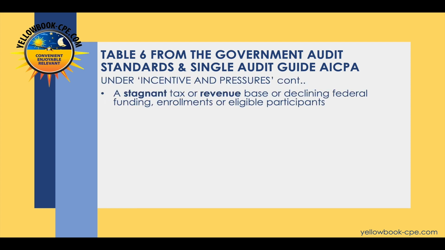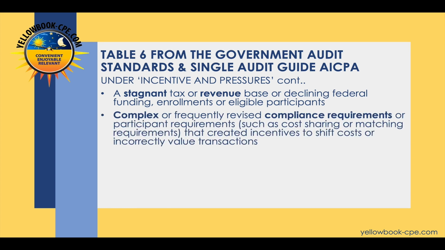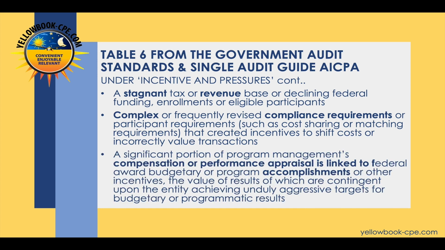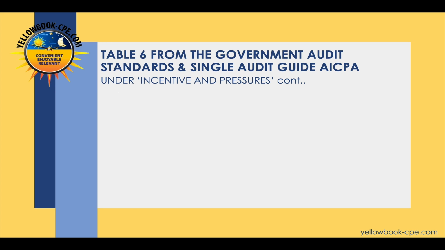Maybe there's a stagnant revenue situation going on, or complex or vague compliance requirements. Maybe their compensation or performance appraisals are linked to their accomplishments with these programs, which would motivate them to exaggerate their accomplishments. And of course, that's fraud.